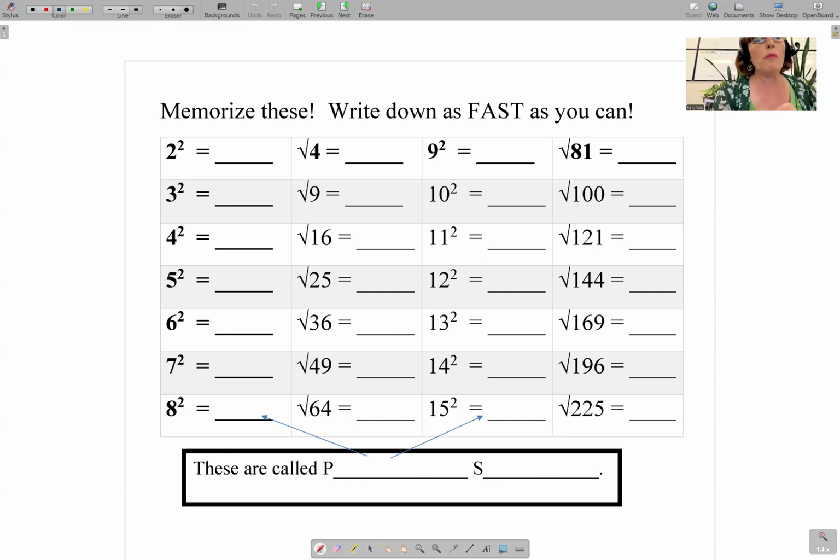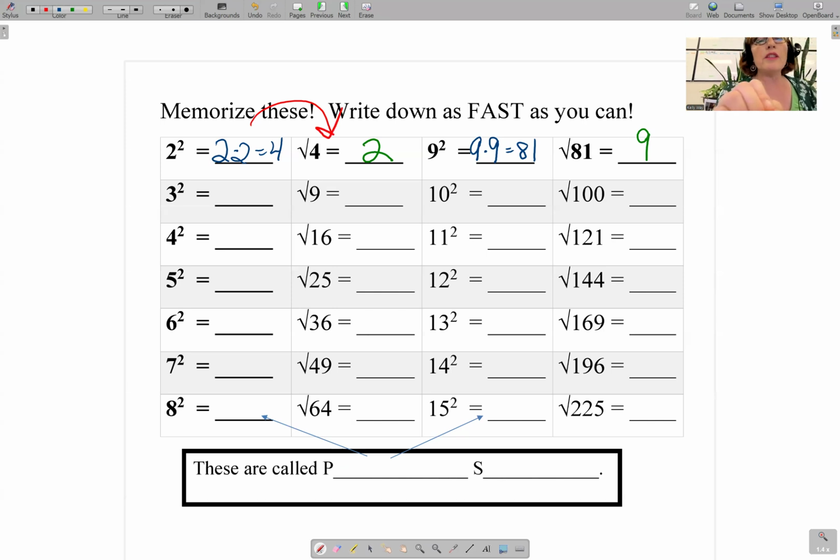So the first row, 2 squared is going to be basically 2 times 2, which is 4. And then the square root of 4 would be 2. Coming over here, 9 squared is 9 times 9, which is 81. And then the square root of 81 is going to be 9.